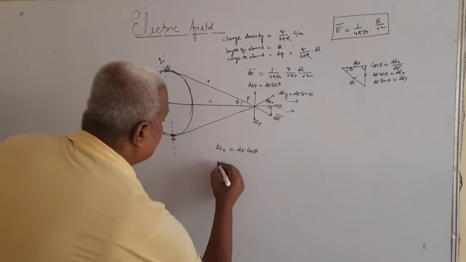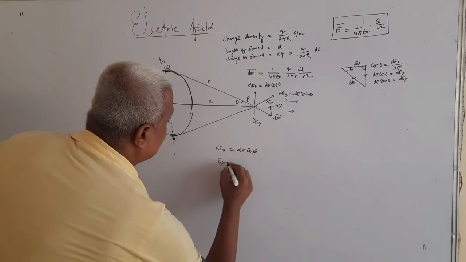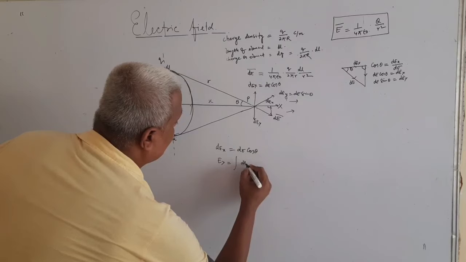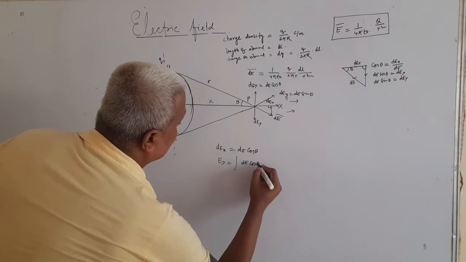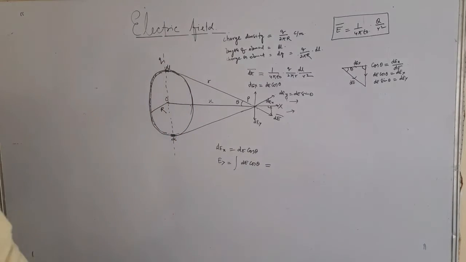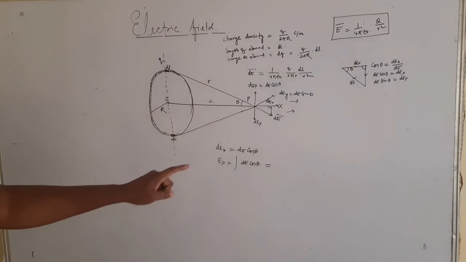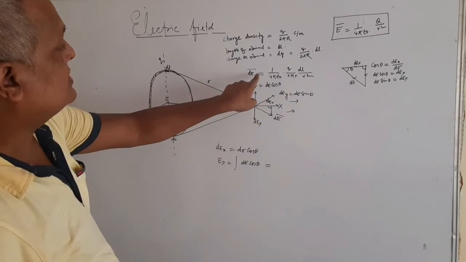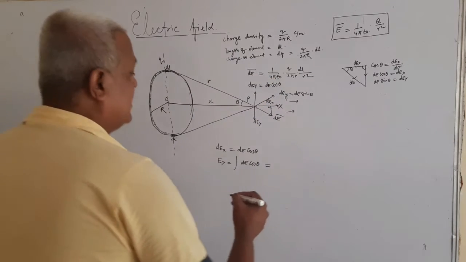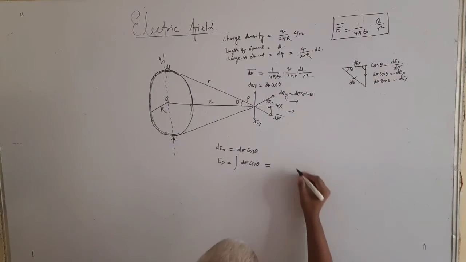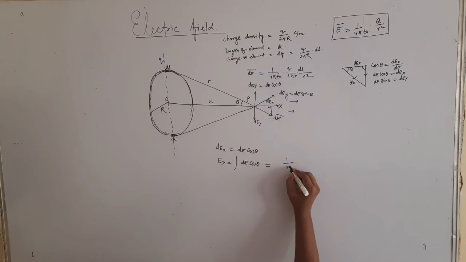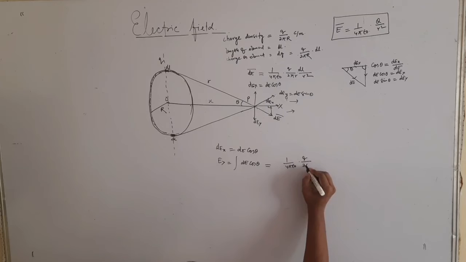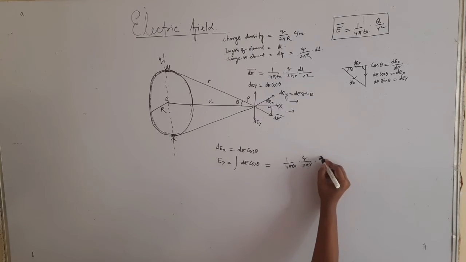So what you get is that Ex will be the integration of dE cos theta. Now what is dE cos theta? This is my dE, so what will I get? 1 over 4 pi epsilon naught q over 2 pi r into dl upon r square.